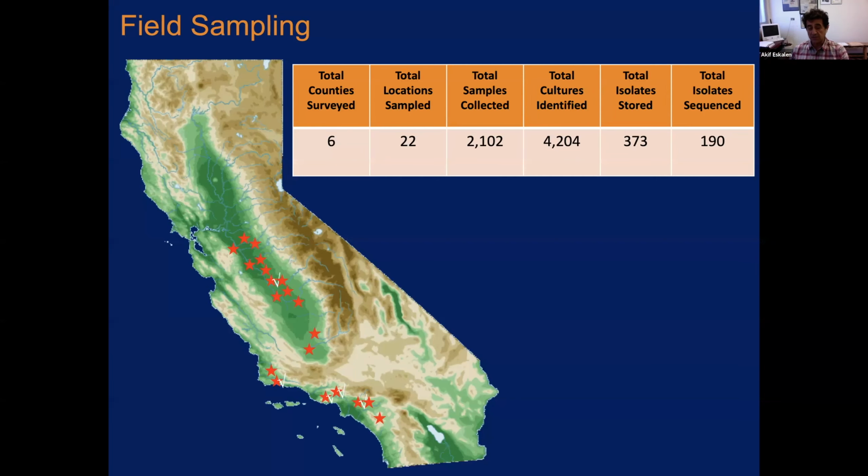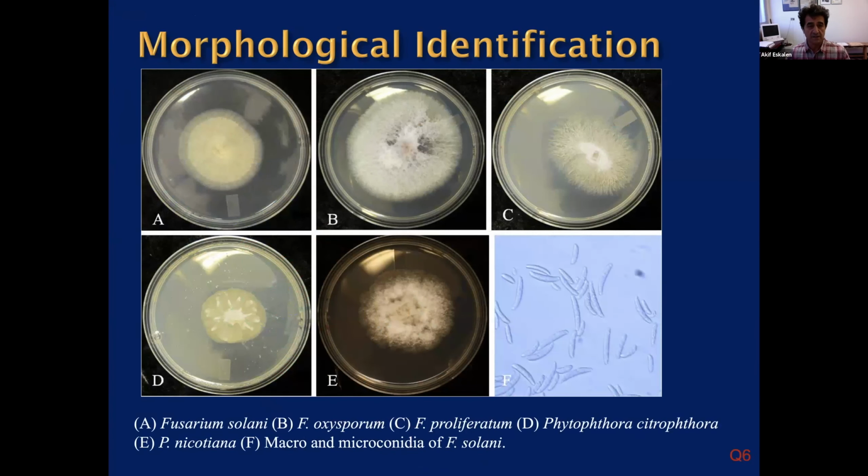We made isolations from each sample that we collected at that time. We ended up having more than 4,000 cultures, which we stored in long-term storage, and then we identified them based on either their morphology or also molecular identification techniques.